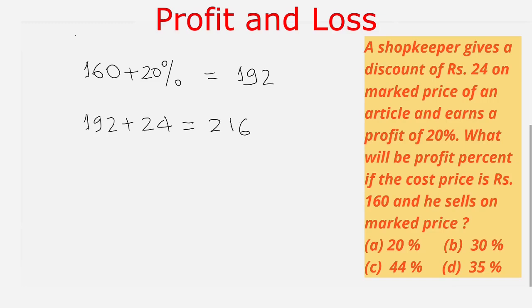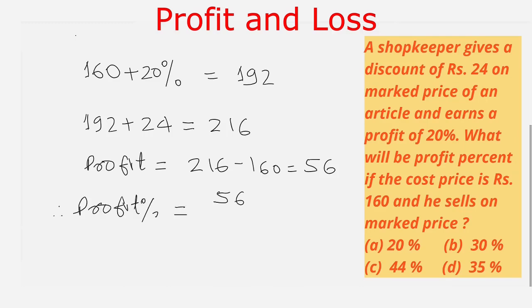Now, if the article is sold at 216, then we have to calculate the profit. The profit therefore is 216 minus 160 equal to 56. Now profit percent is profit divided by cost price multiplied by 100.